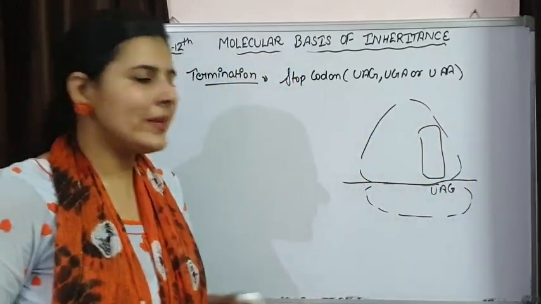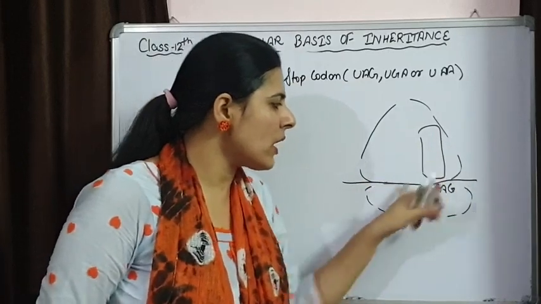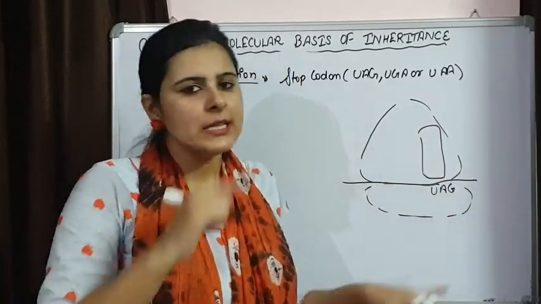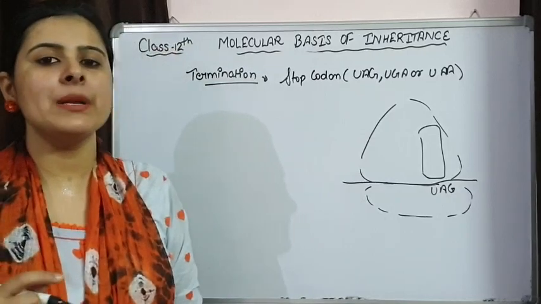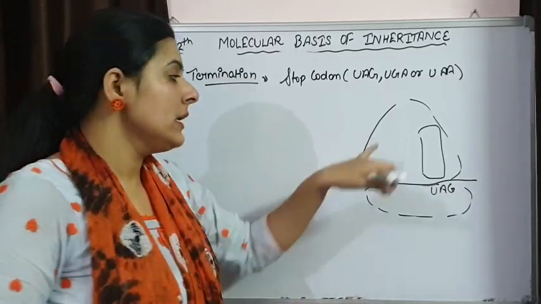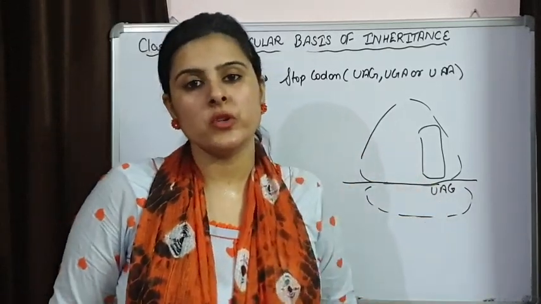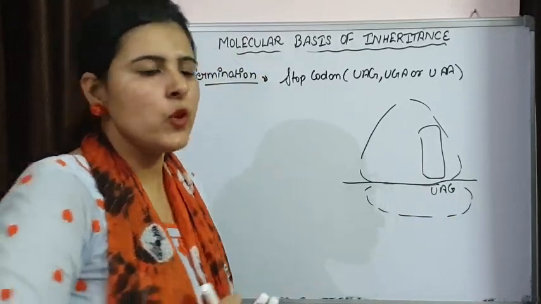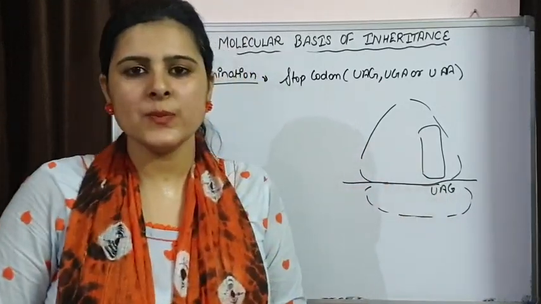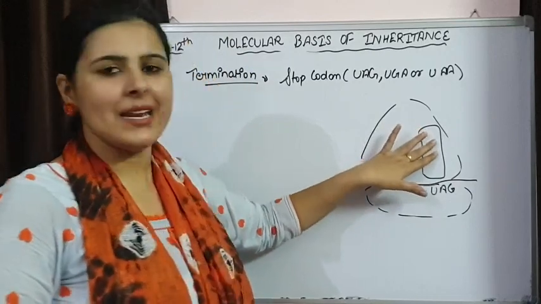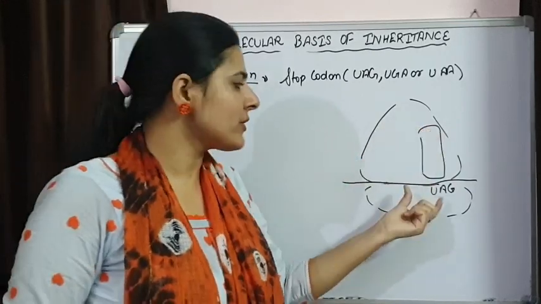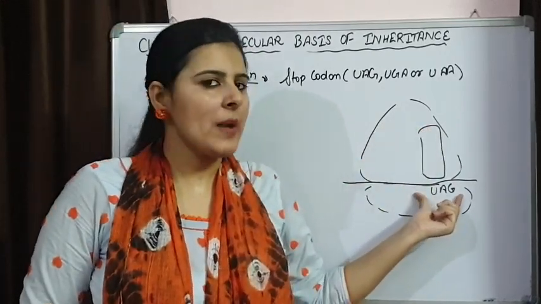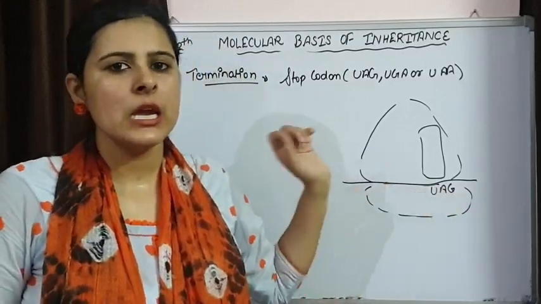So when the active A site is going to come at the stop codon, there is no tRNA available in the cell that is going to have anticodons for this stop codon. Not even a single tRNA is present. That means no tRNA is going to come for this stop codon. No amino acid will be added for this stop codon.